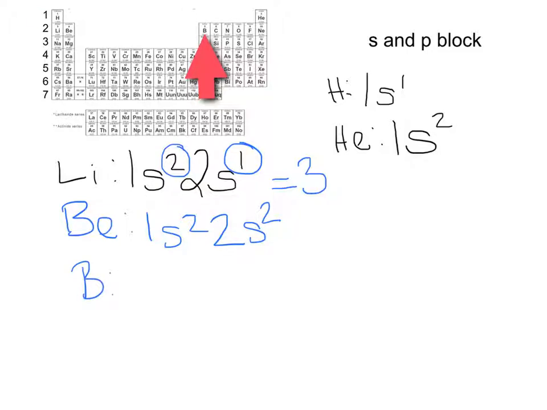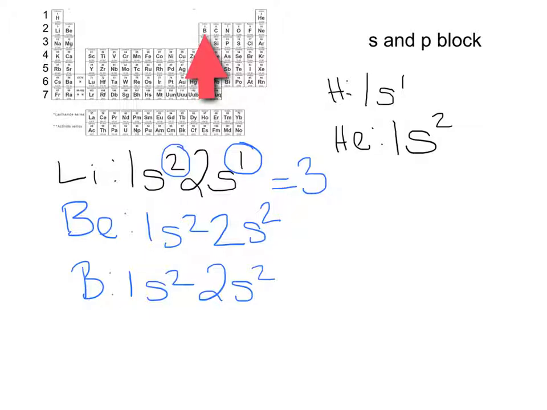I need to go 1, I'm in S block, I need to go 2 over. So that's 1s2. Then now I can go on to my second line. 2, I'm in S block and I need to go over 1, 2. So now I can add a 2s2 to my configuration.